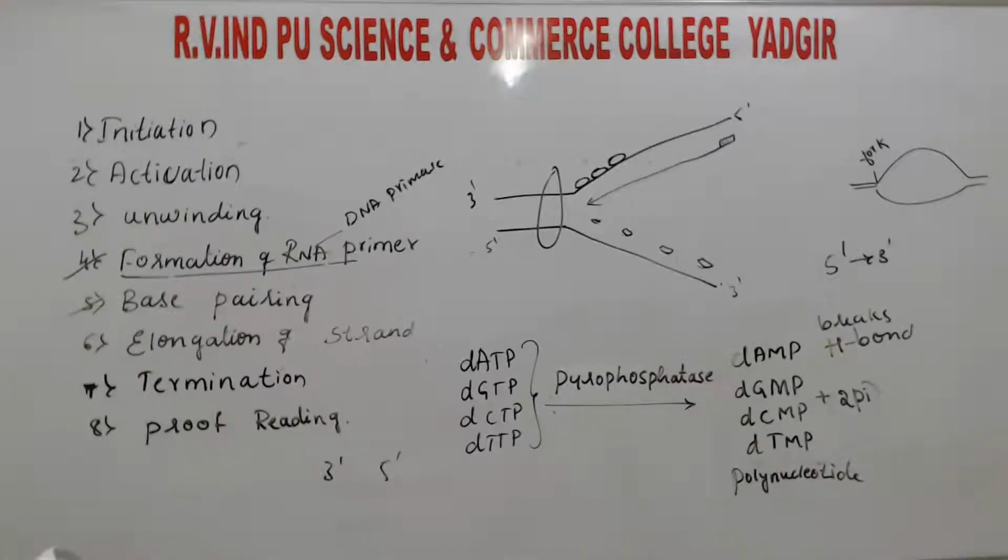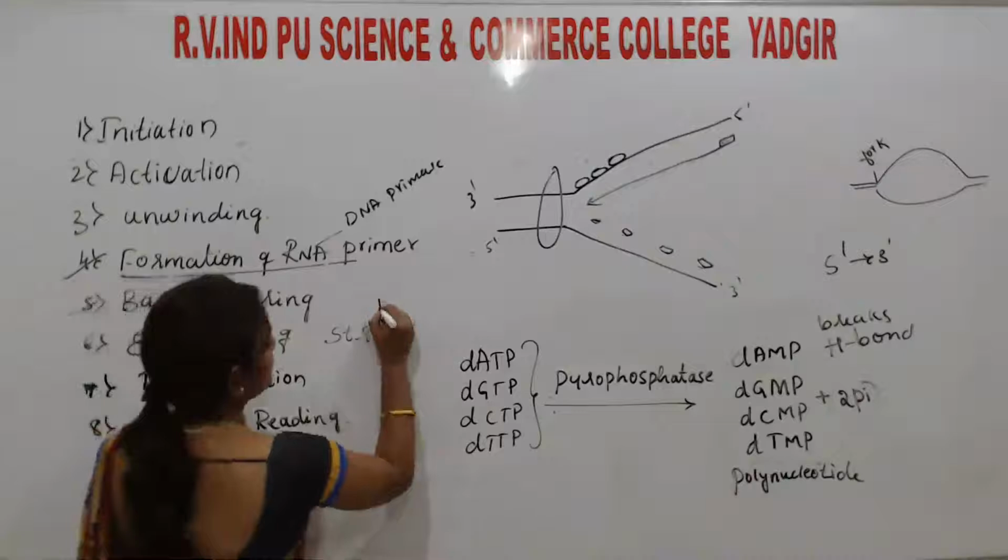Next, replication. So the DNA template. Once these are formed, the RNA primer should be removed with the help of DNA polymerase 1.